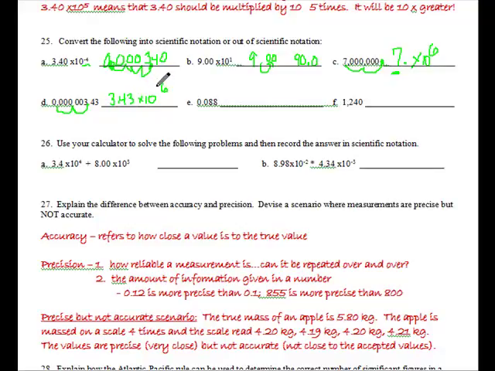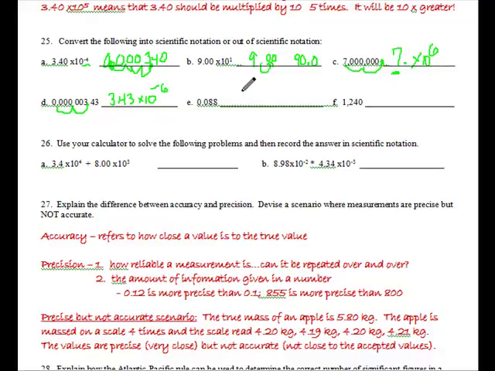I'd get a big number. Positive exponents mean multiply it. I don't want to get a big number, I want to get a small number. So I want to take this coefficient here, this 3.43, and I want to divide it by 10 6 times. And every time I do that, I'm going to move the decimal to the right here and get smaller. So I'm going to put a -6 there. -6 means divide this number here by 10 that many times, and you'll end up with a small number.